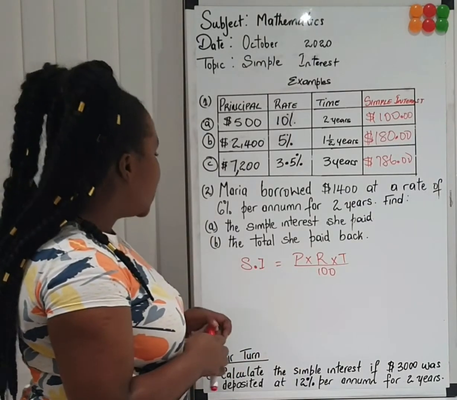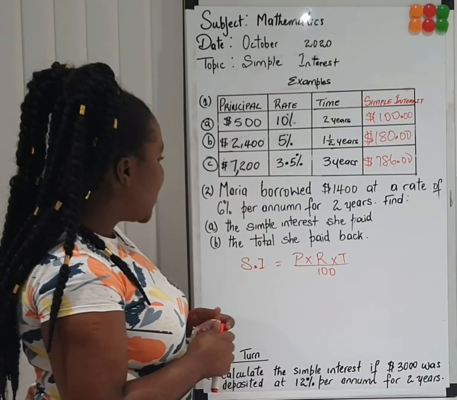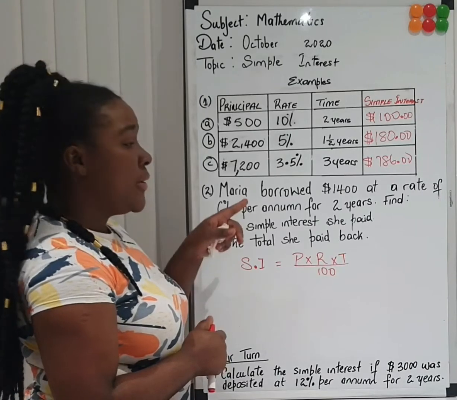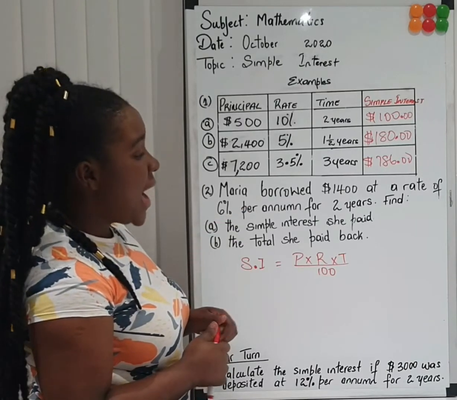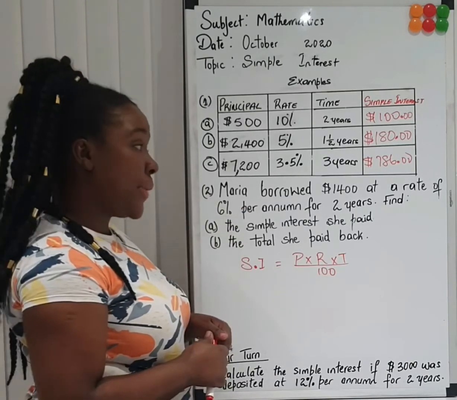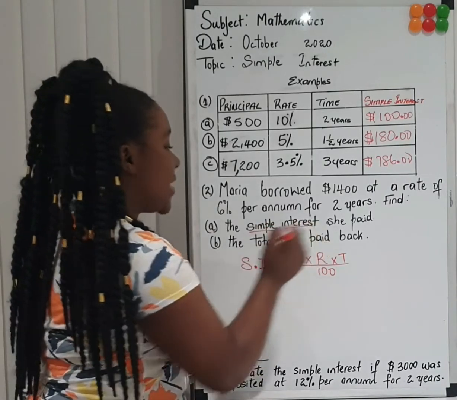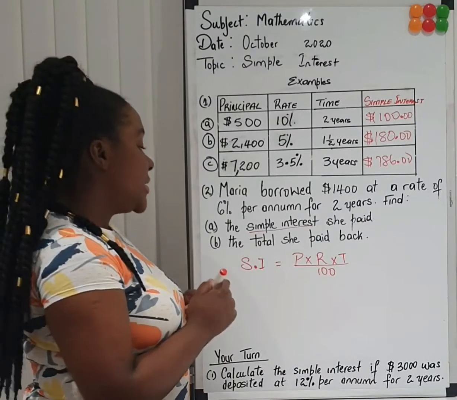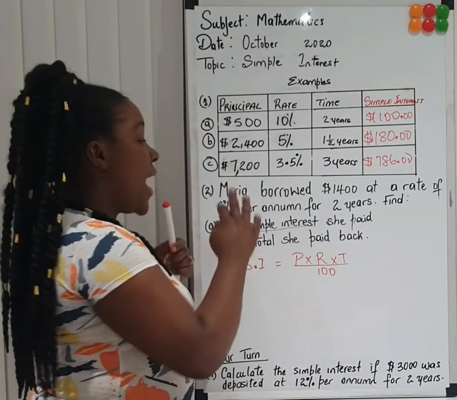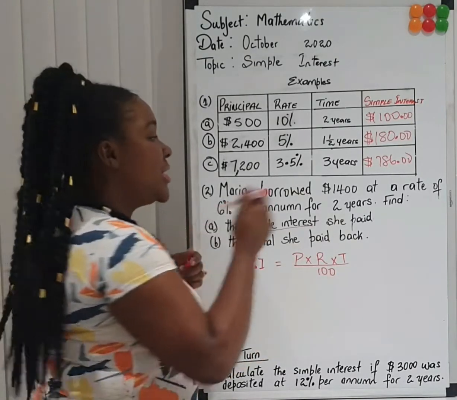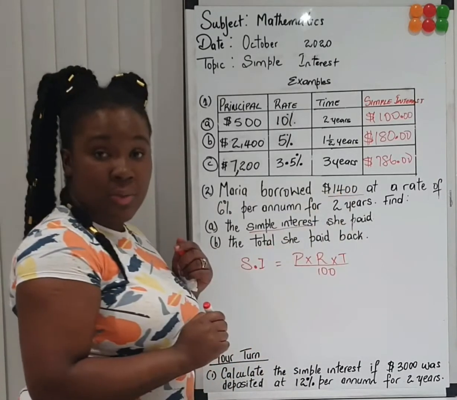Alright, so I'm going to go with number 2, and it says Maria borrowed $1,400 at a rate of 6% per annum for 2 years. Find the simple interest she paid. So we're going to go ahead with the same formula. This is what Maria borrowed, 1,400.